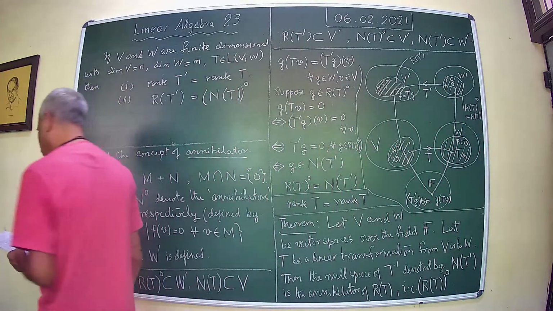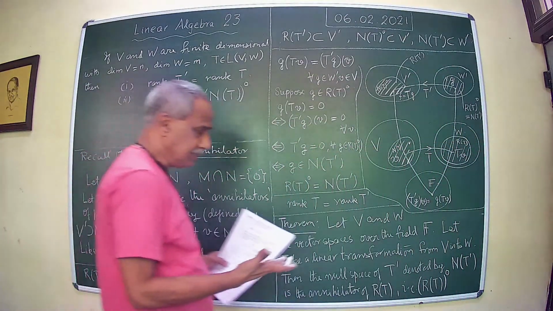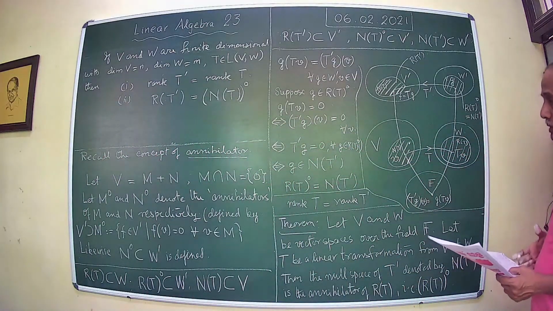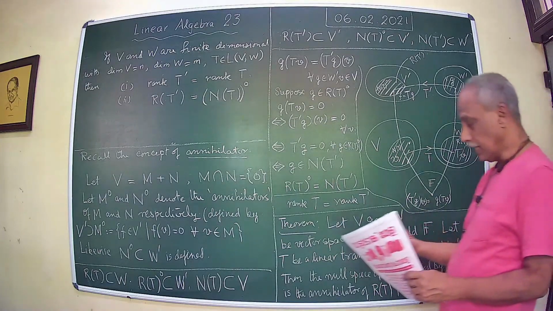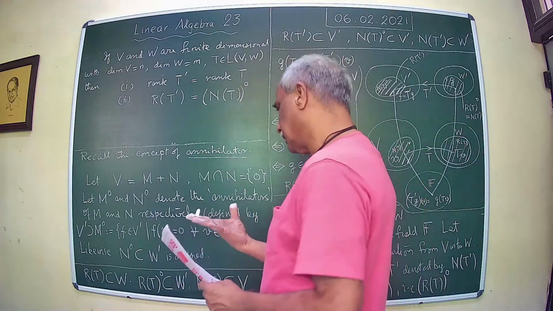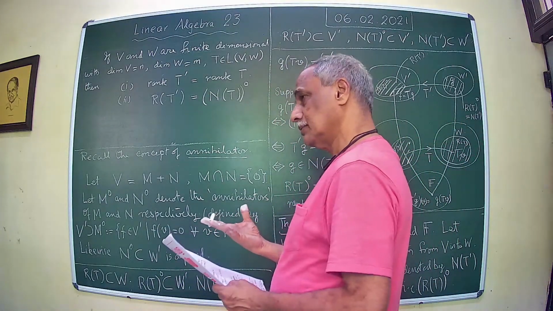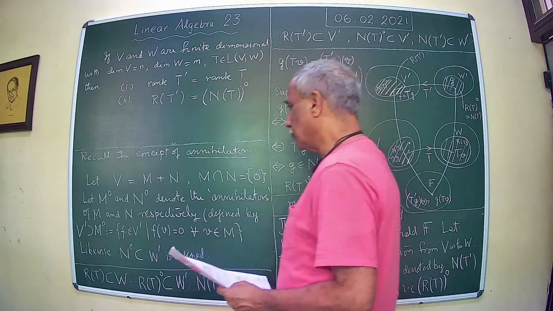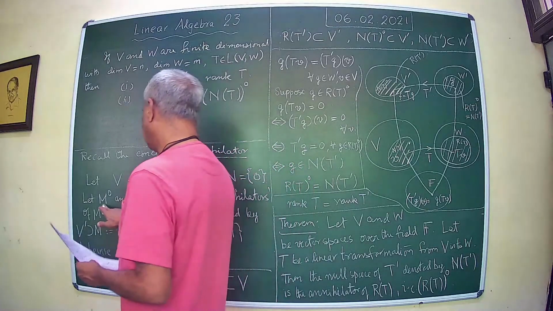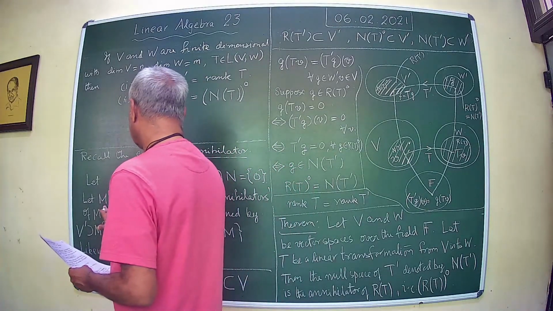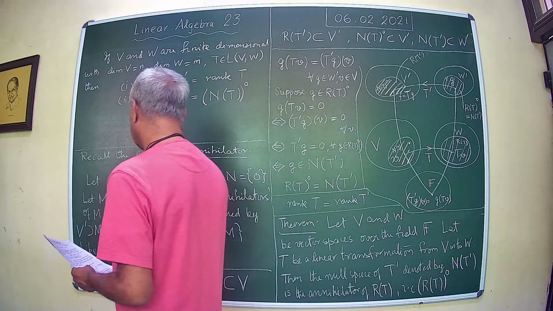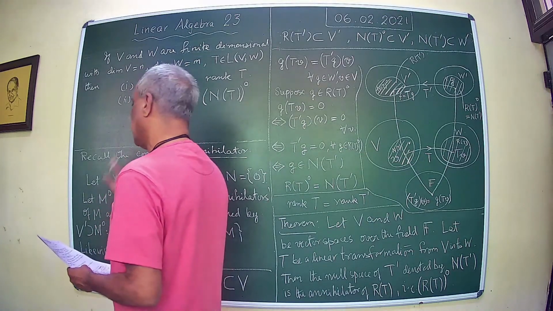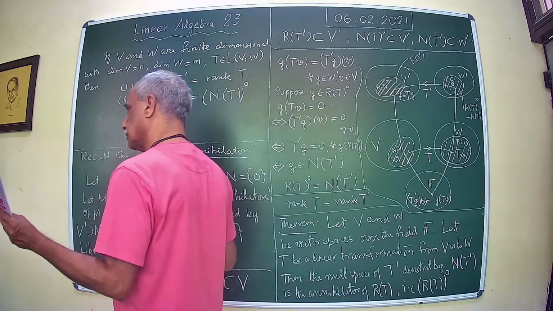So we also look at the relation between what happens to the annihilator. The annihilator becomes larger when the corresponding space shrinks. For instance, if M shrinks, then M naught, that is the annihilator of M, becomes larger.